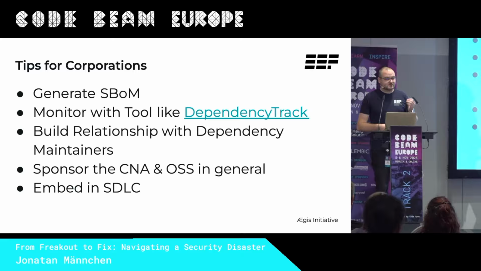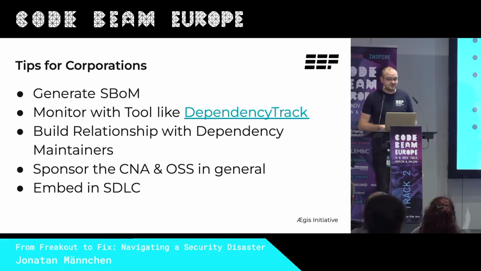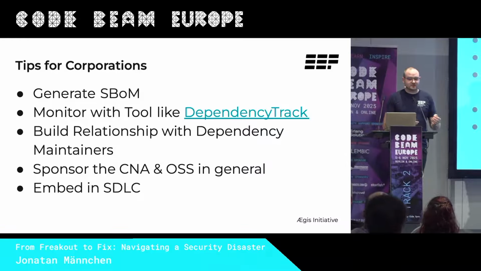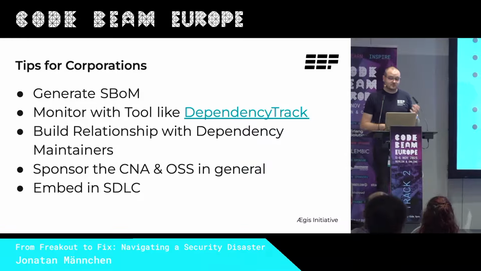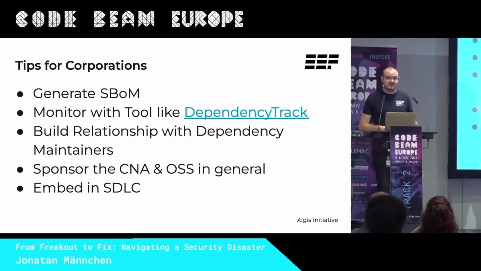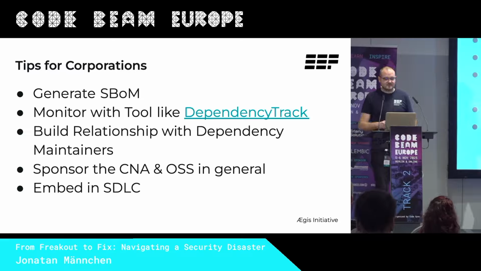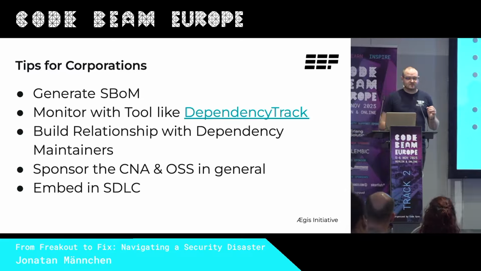Build relationships with the teams behind the libraries you use. Sponsor their work, help triage issues, or even simply just share how you're using their projects. Those connections will pay dividends when a vulnerability crops up. Also consider sponsoring the Erlang Ecosystem Foundation and your critical dependencies to keep the CNA and other security efforts funded and the libraries you depend on maintained. Finally, bake all these checks into your software development lifecycle. Automated scans, security gates, etc. ensure that no release slips through unchecked.